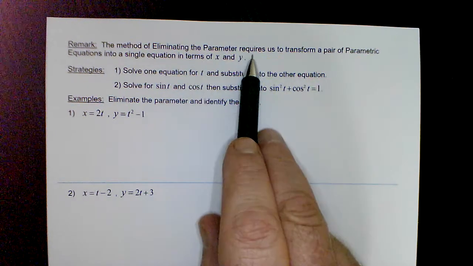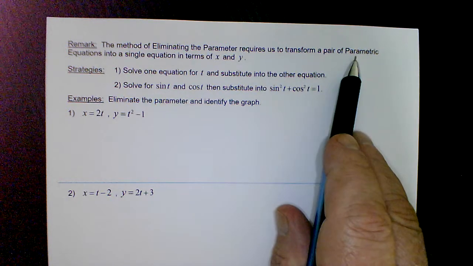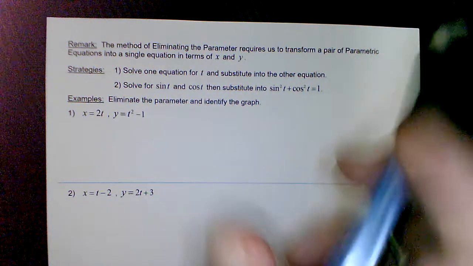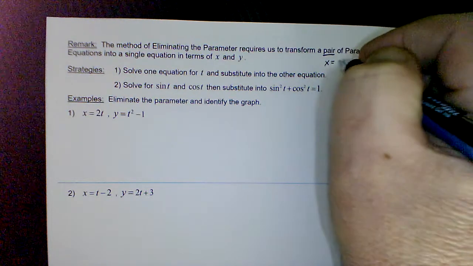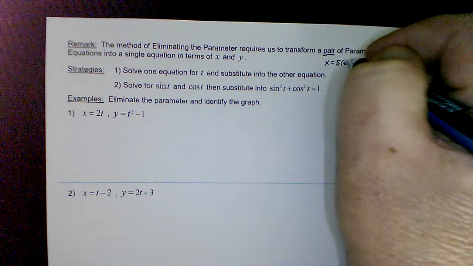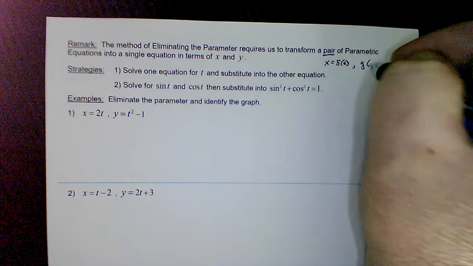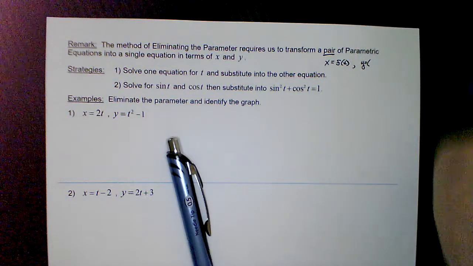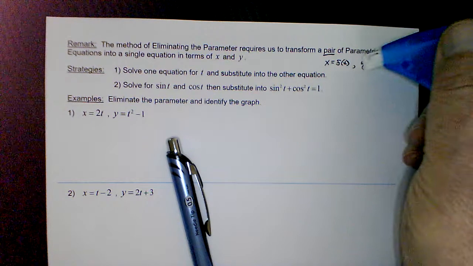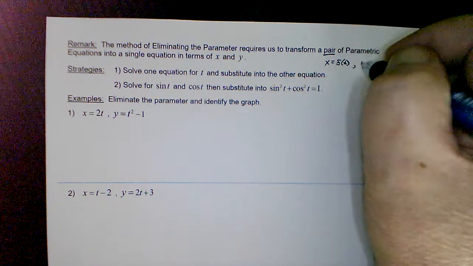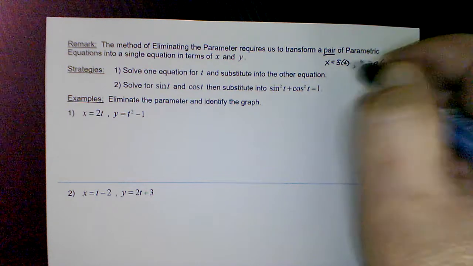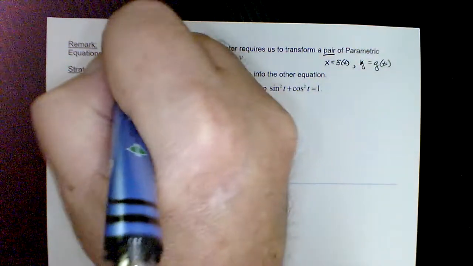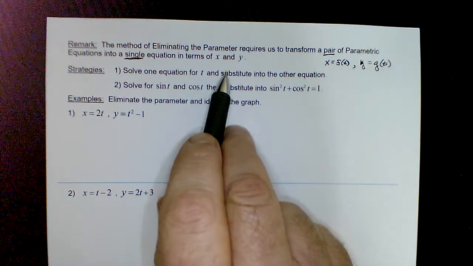As I mentioned earlier, this method requires us to transform a pair of parametric equations, so x equaling f of t and y equaling g of t, into a single equation in terms of just x and y.